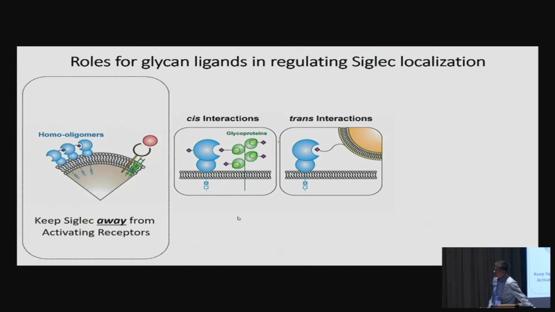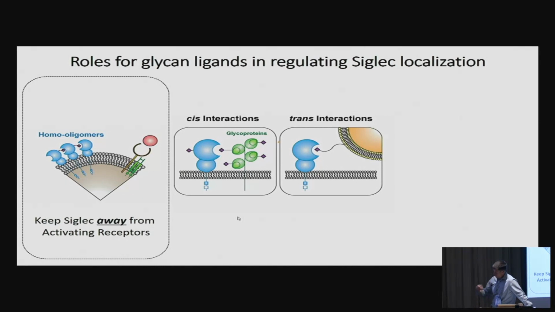So here's how my laboratory thinks about these interactions. We don't yet know how generalizable they are to all the siglecs. I'll leave you with that caveat. There's still a book being written for all 14 members on how they function. But some of these points are taken away through a few examples where we do know a lot.